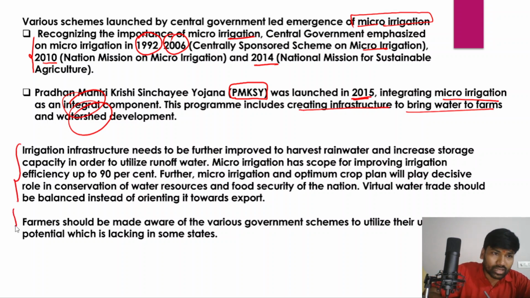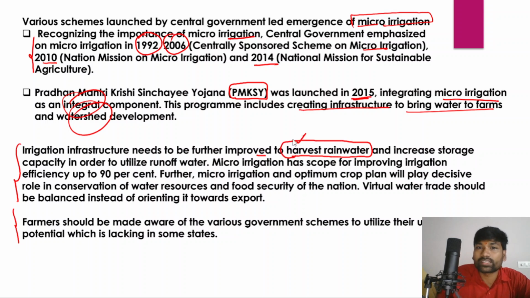And ultimately, in conclusion, what you need to write is that irrigation infrastructure needs to be further improved. As I've told you, there is a poor irrigation infrastructure existing in India, and therefore the irrigation infrastructure needs to be further improved to harvest rainwater.